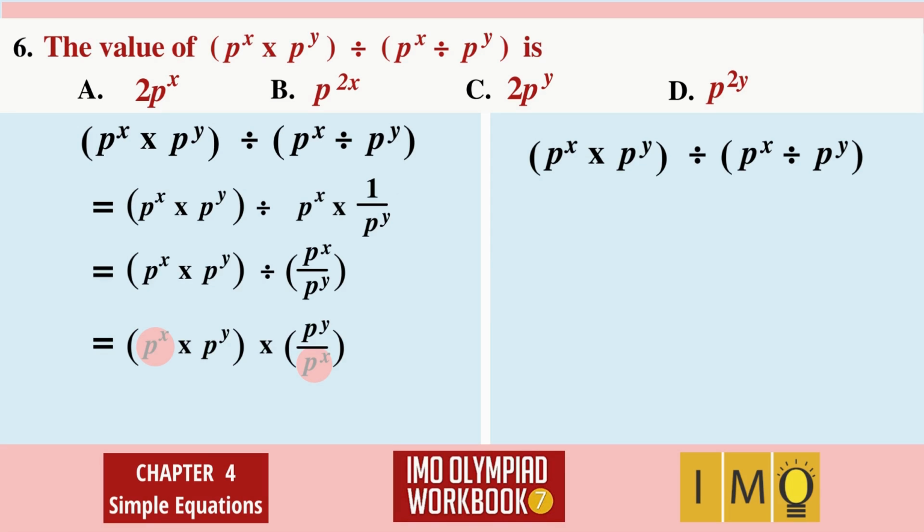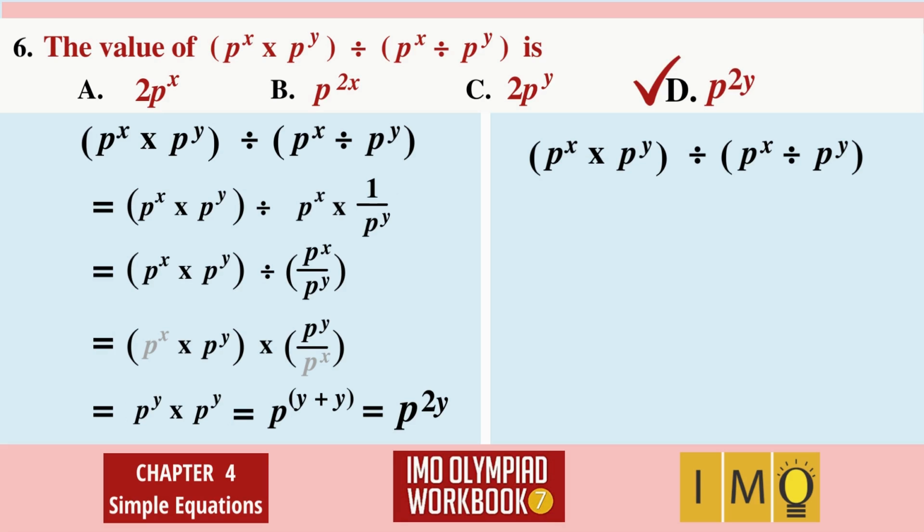So what we are left with is p to the power of y into p to the power of y. Finally, we'll have to use the laws of exponents. The base p remains the same. So we add the powers. What results is p to the power of y plus y, which is p to the power of 2y. So we get our right option of option D.